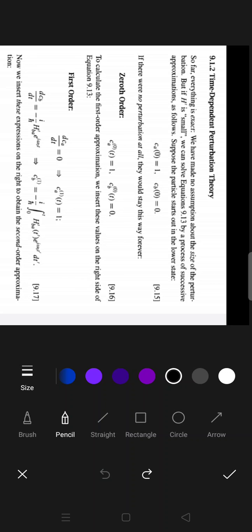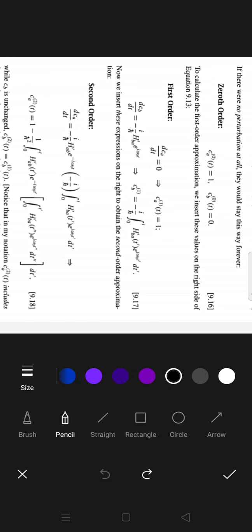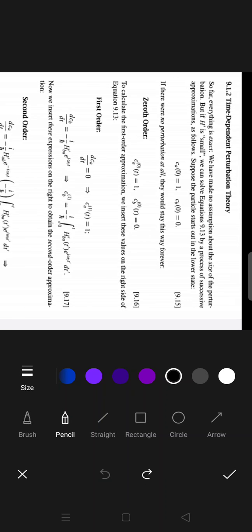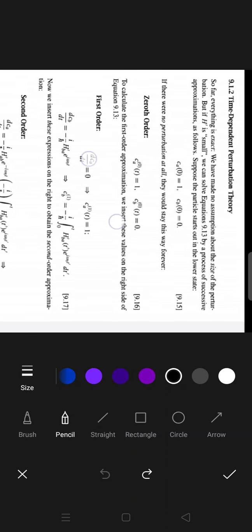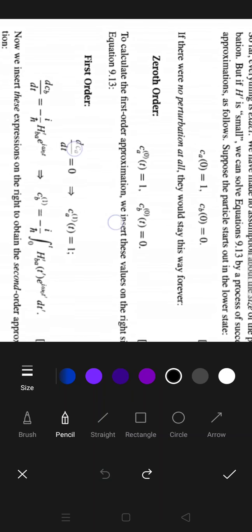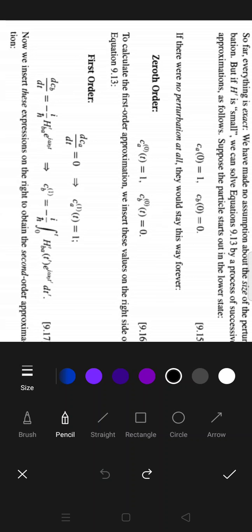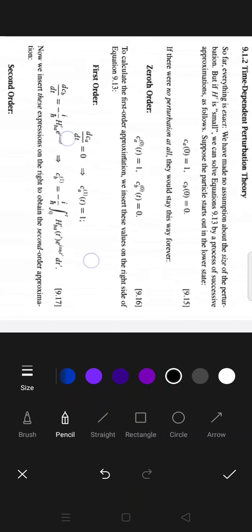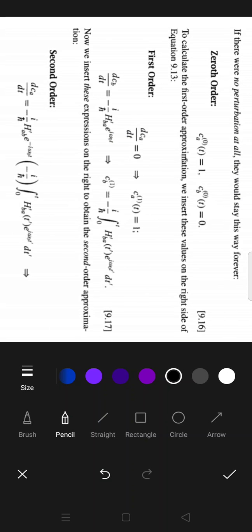So today we are going to discuss the zeroth order, first order and second order, which is analogous to the time independent perturbation theory. For the zeroth order, there is no perturbation to the system, so this is the same as above. To calculate the first order approximation, we insert these values on the right side of equation 9.13.